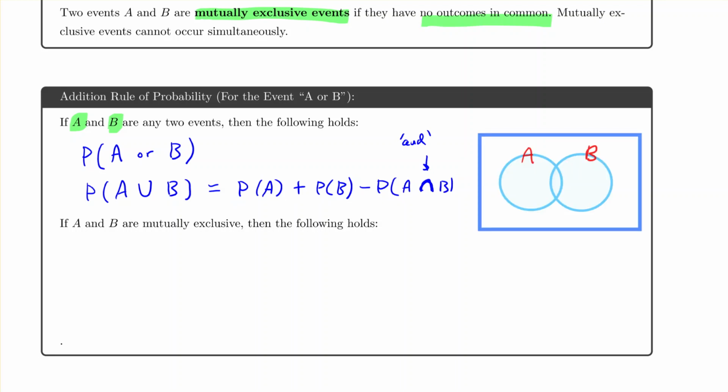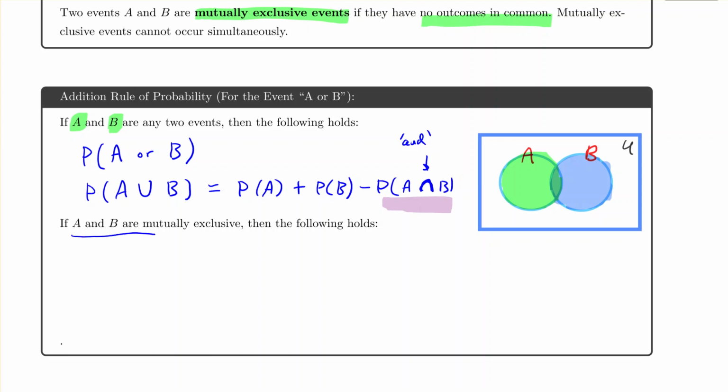So there's a Venn diagram of event A and event B. And of course, we have the universal set, everything that combines A and B and everything outside of A and B. So here, if I want to find the probability of A or B, I'm adding everything in A, all the possible outcomes, and I'm also adding everything in B. But when I do that, this overlapping part is added twice. That's why we subtract the probability of A and B. Okay.